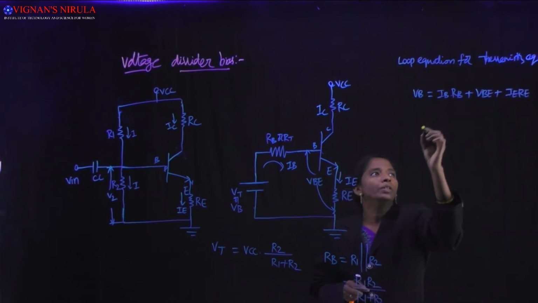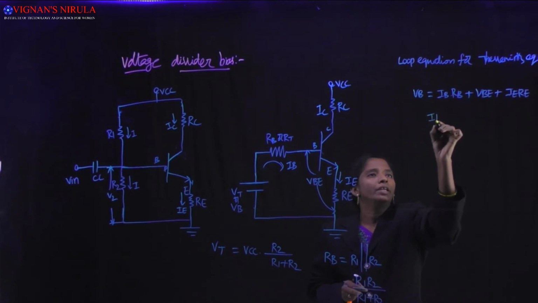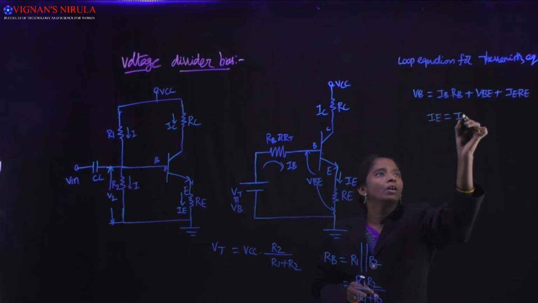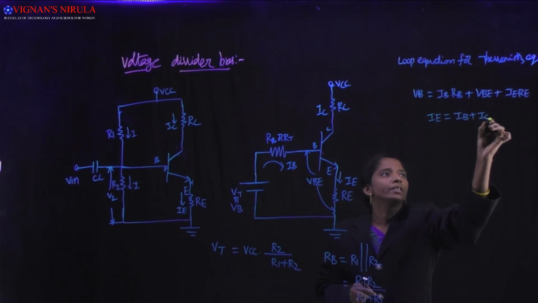Now we know the IE equation: IE equal to IB plus IC.